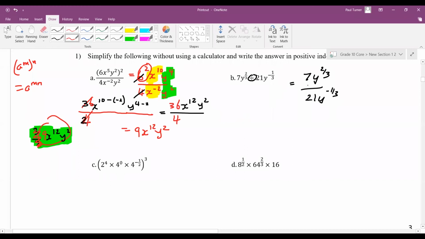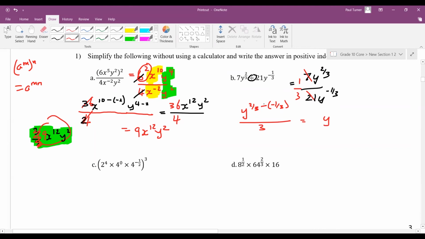So in this question, you could have cancelled the 7 and 21. I hope you did that, which will give you 1 on 3. So you're going to have y^(2/3). Now you're dividing the numbers, so we have to subtract the powers. Minus negative 1/3. And we have 3 in the denominator here.